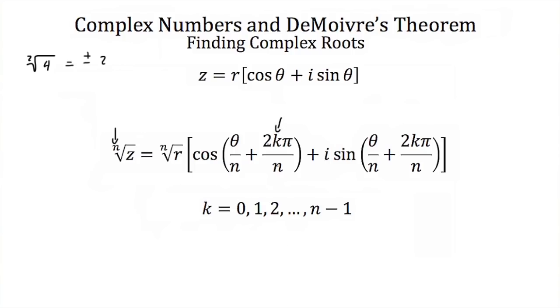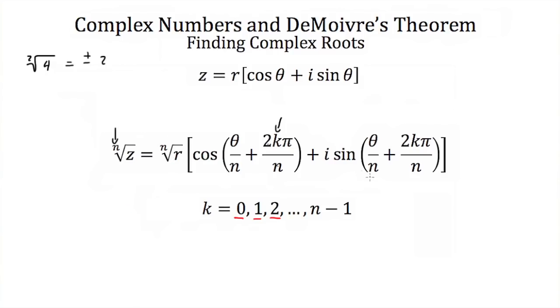Our first solution to our root, k is equal to 0. For the second solution of our root, k would be equal to 1. For the third solution, k would be equal to 2, and so on and so forth, until we find all of the solutions for our root, all n of them. So if n is 4, there's 4 solutions.